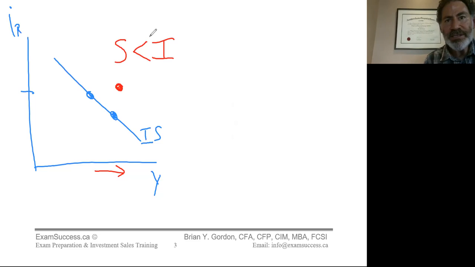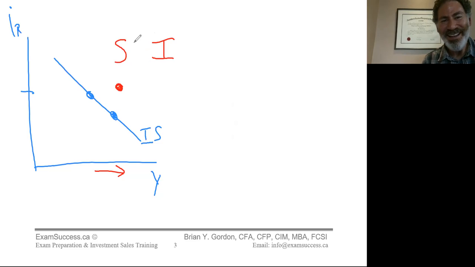Income has increased, and that's stimulated business investments. How do we bring this back into equilibrium? We need something which is going to stimulate. Did I say that? Maybe I said that backwards. Let me correct that. Yeah, I said it backwards.